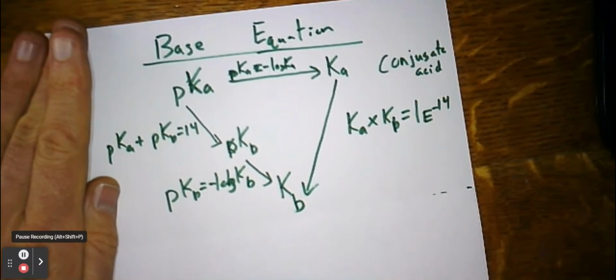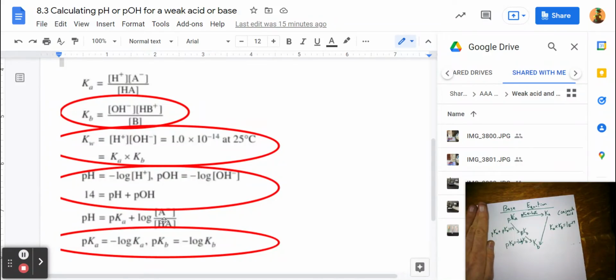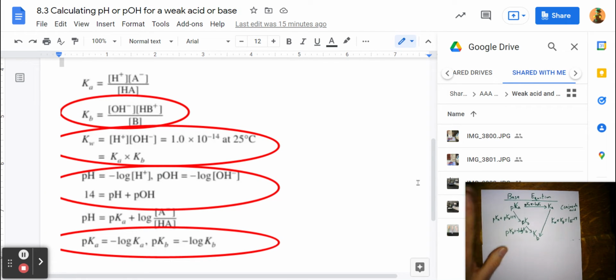So you have some options, and they're all here; it's up to you which one you want to use.